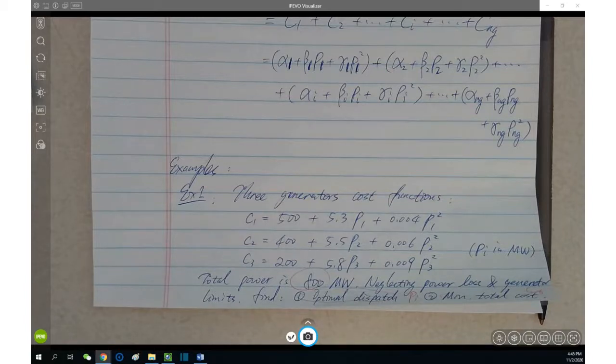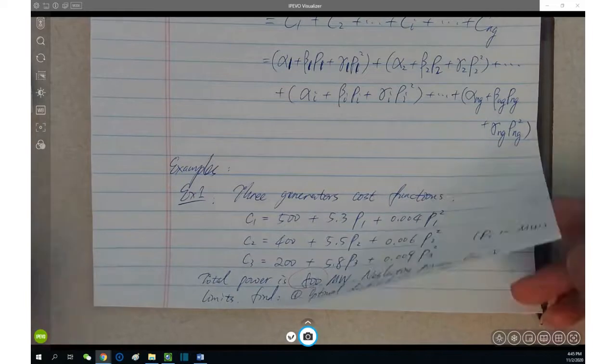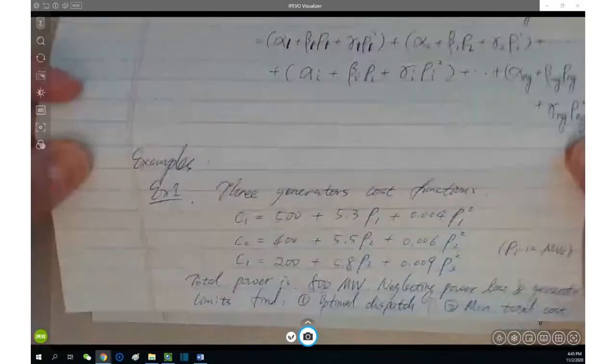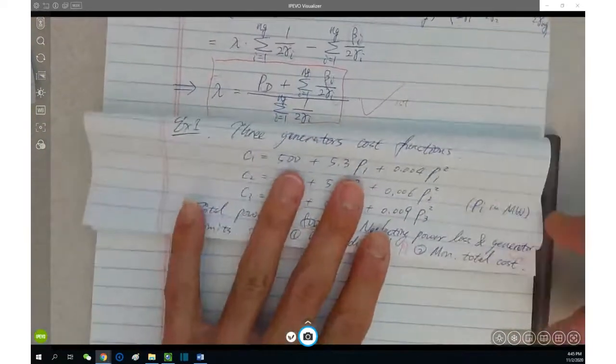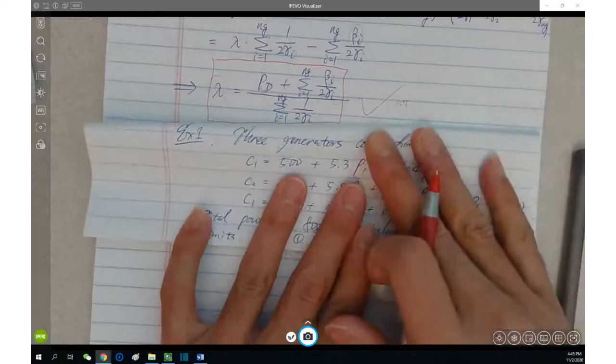Actually, I'm not expecting any trouble from you guys, but you just try to present the formula. This is the Lambda formula you need.